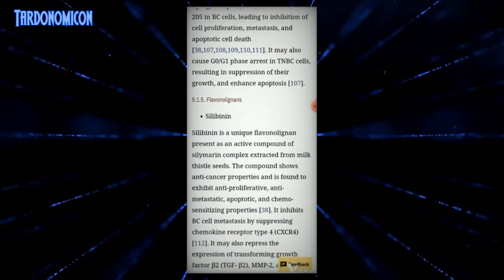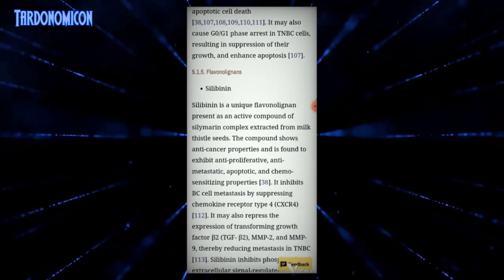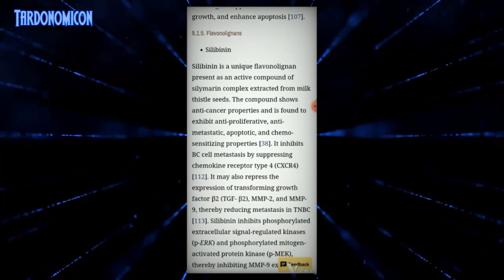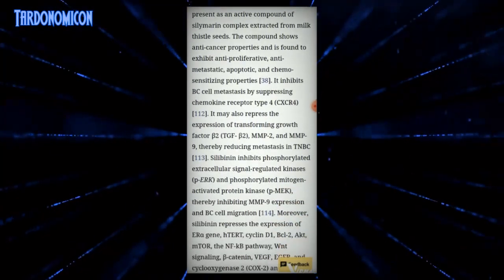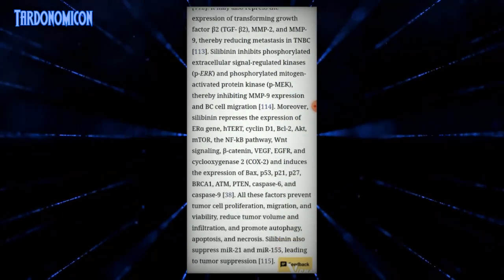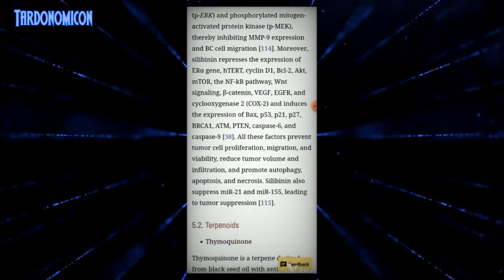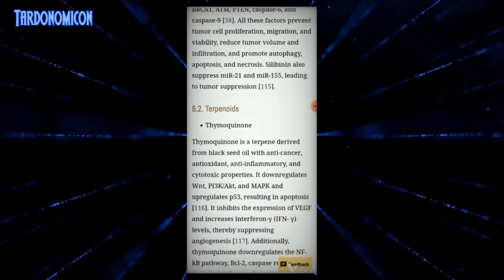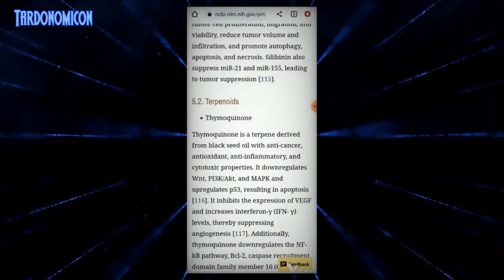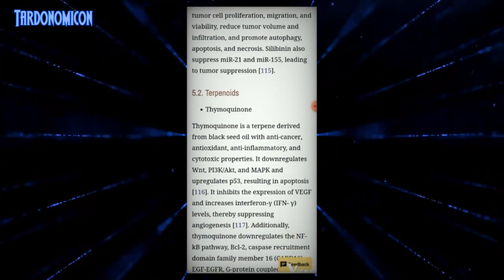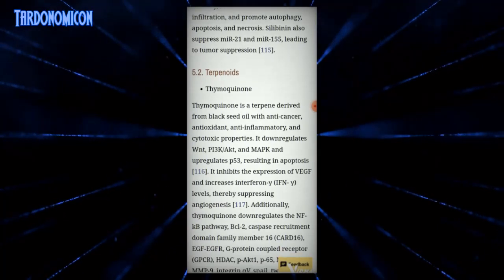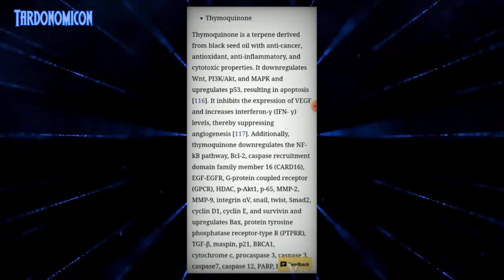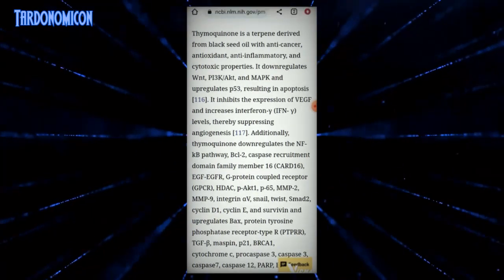Silibinin. Silibinin is a unique flavonolignan present as an active component. Let's see, so what's this do here? It suppresses various things, leading to tumor suppression. Terpenoids. This is thymoquinone, a terpene derived from black seed oil with anti-cancer, antioxidant, anti-inflammatory, and cytotoxic properties.